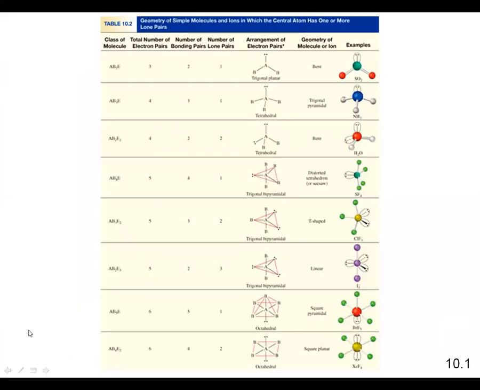And that linear that we were just talking about is different than the expanded octet linear, which is a little bit different. When we look at the expanded octet linear, which is down over here, it is this guy right here. This guy will also end up being a nonpolar molecule.